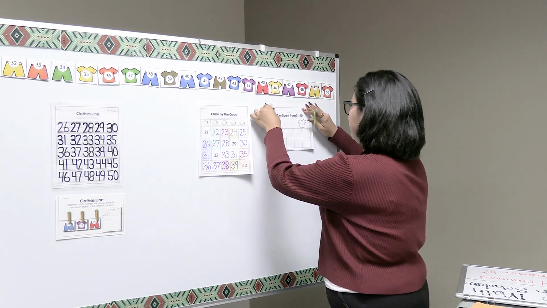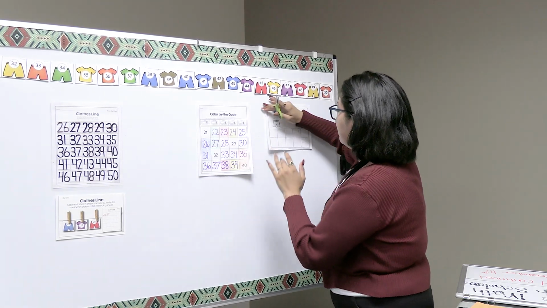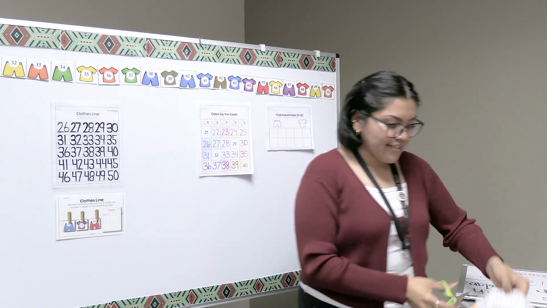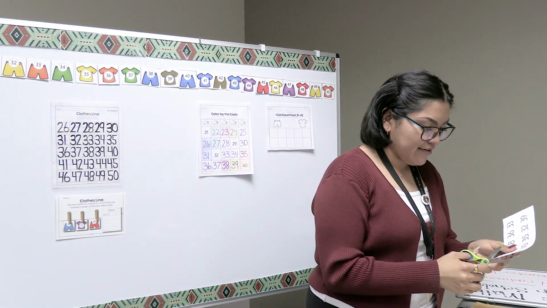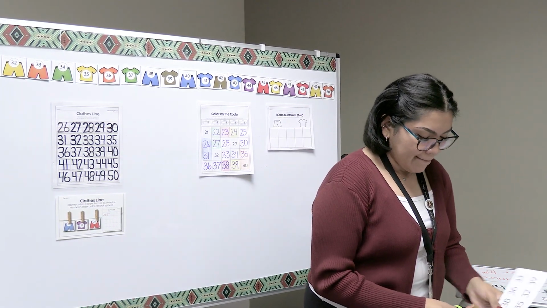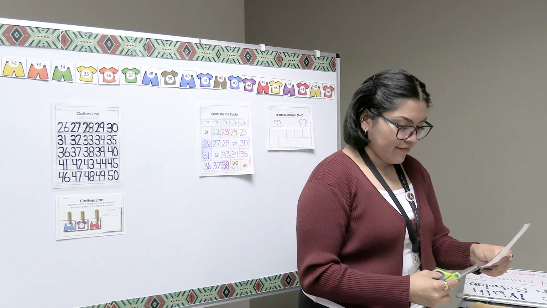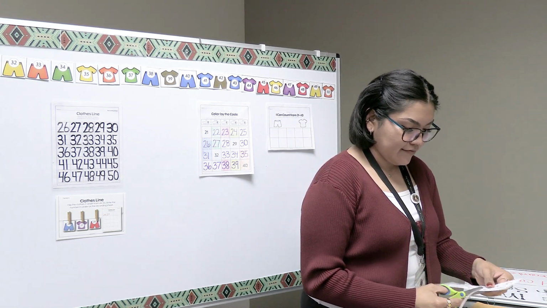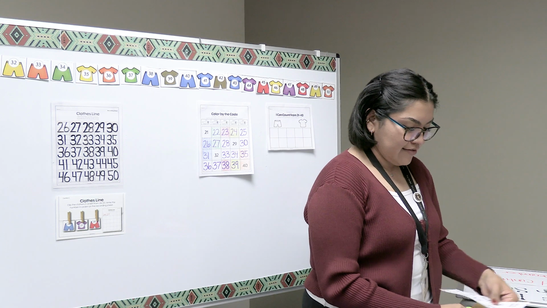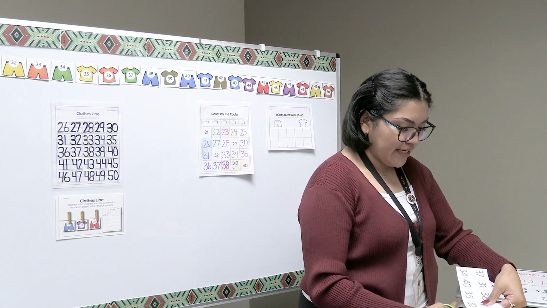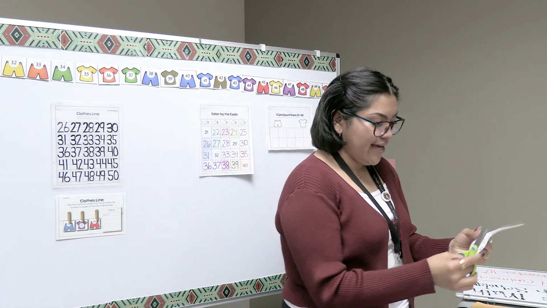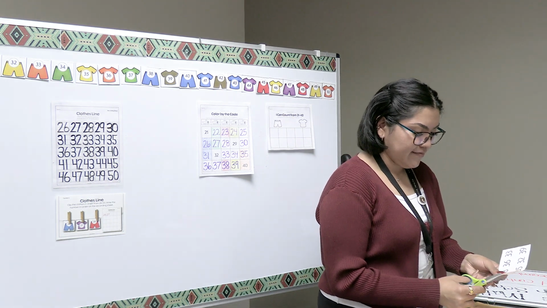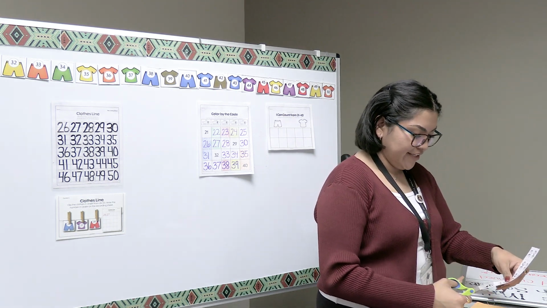Alright, let me paste this back. Okay, so let's cut out these numbers. While we cut out our numbers, let's say what numbers that we see. Okay, so I see number 37.